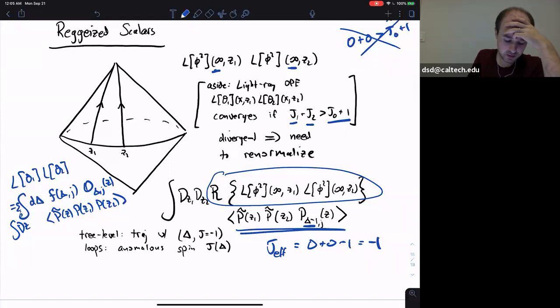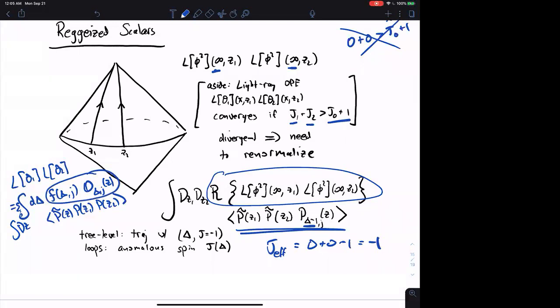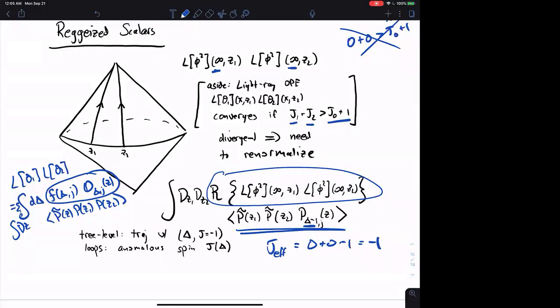The claim is that in the regime where the light ray OPE converges, this stuff is actually a meromorphic function of delta with poles in the right half plane, and you can deform the contour to wrap those poles and turn it into a sum. Okay, I see. And when you do that, the things appearing in the sum are precisely other things on the Regge plot. Thank you. Sure.